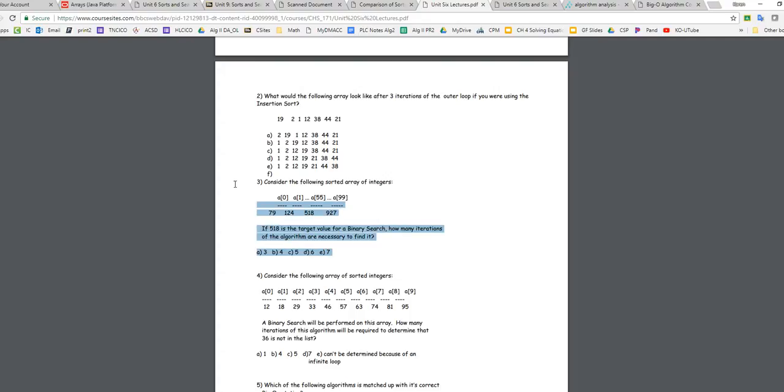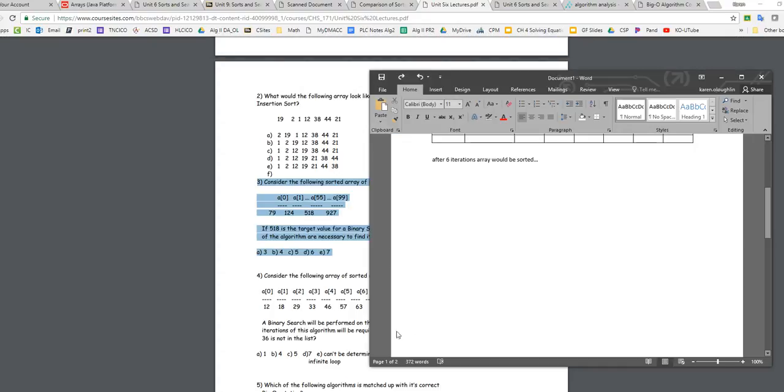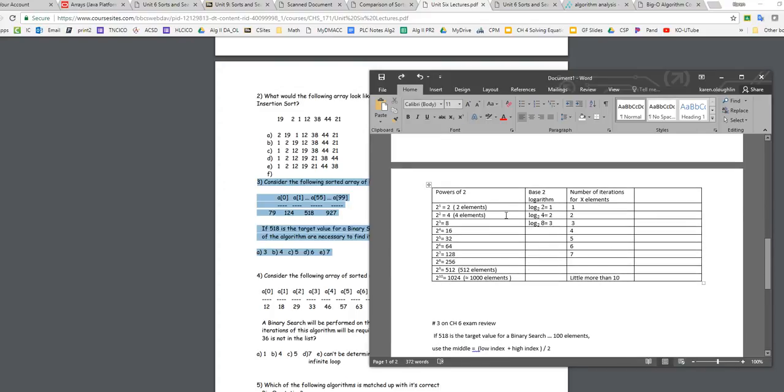We are going to talk through this quite a bit because there's several other examples like this that you can practice in the other review packets or the other review links that you have. But I am going to step through this one in quite a bit of detail. So if I go back to my work, the first thing that we want to understand is that when it's a divide and conquer algorithm like this, we can use base 2 or powers of 2.